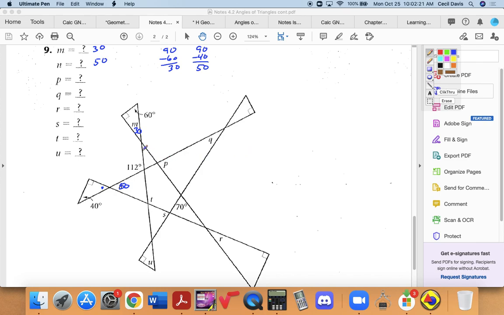Although I know that this angle is 30, and angle P is the same size as this angle right here. How can I find this angle quickly? Yeah, just do 112 minus 30. And that's 82, so P is also 82.